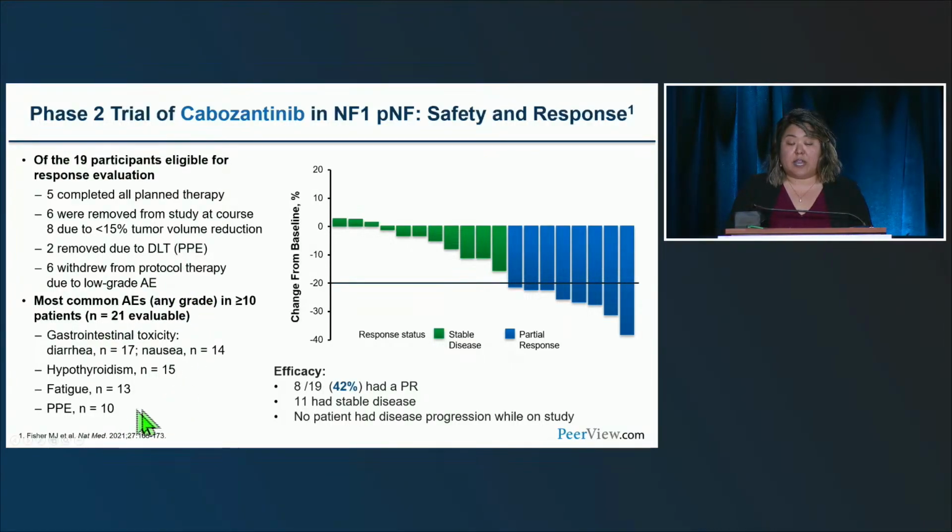And so any grade adverse events, it seemed like the majority of the patients did also experience those. In terms of the efficacy, 8 of the 19, so 42% had a PR. 11 had stable disease. And so this is a waterfall plot looking at each of the patients and their response.